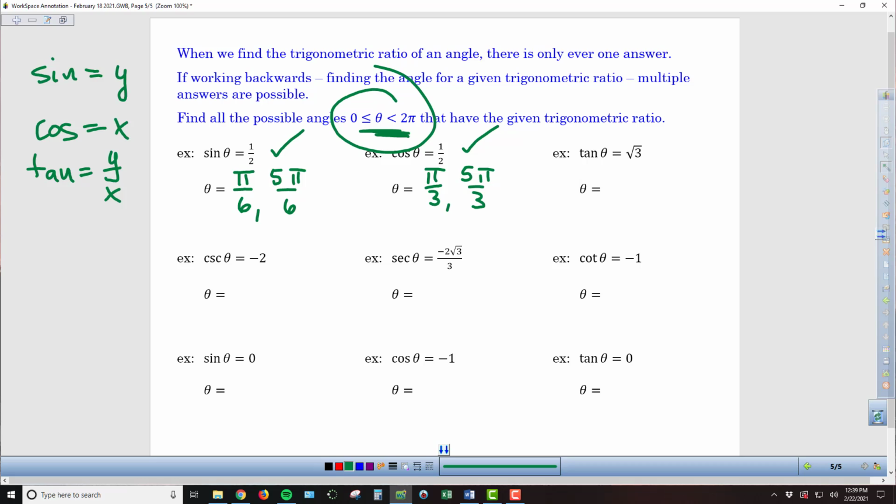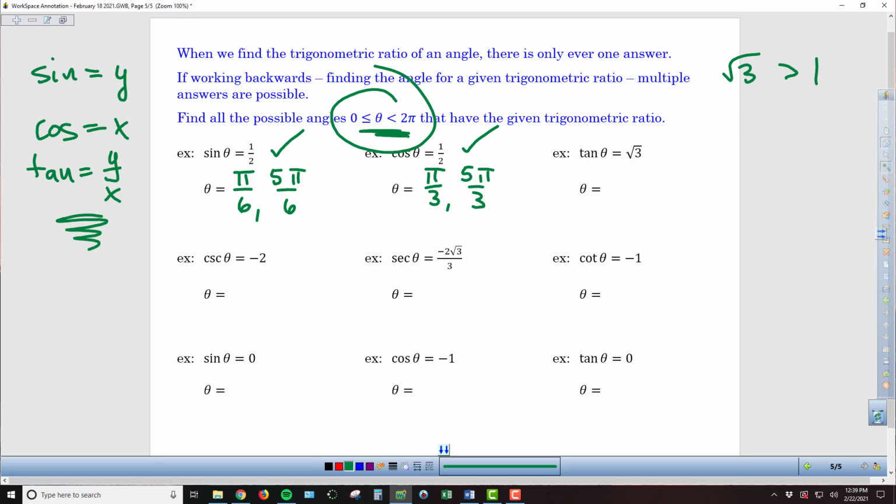Now for tangent, it's a little bit trickier because we're not just looking for a single coordinate, we're looking for the ratio of the two coordinates. Remember, tangent is y over x. So I need the tangent ratio to simplify into √3. Now the best way to think about this, √3 is greater than 1.